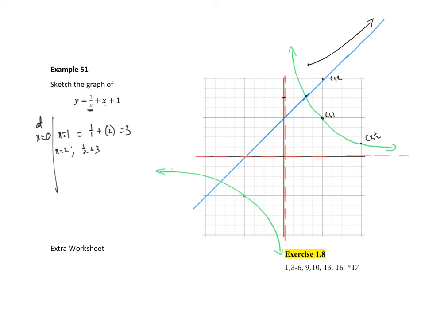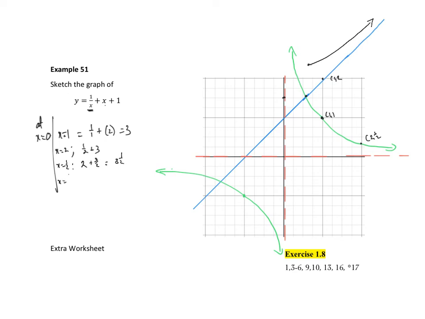What's happening in here? What happens as x is less than 1, say? So if we put x equal to a half, I get 1 over a half, which is 2, plus a half, which is 2.5.